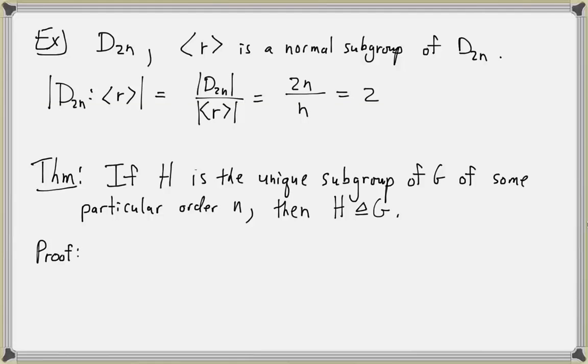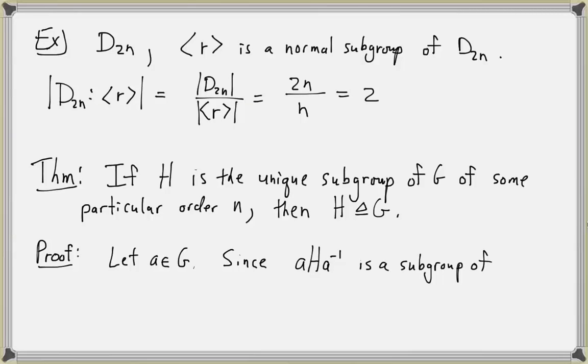So the proof of this theorem is pretty short. Let A be any element of G. Well, the conjugate of H by A is also a subgroup of G. And the order of this conjugate, A H A inverse, is the same as the order of H, just by coset considerations, every coset has the same size.